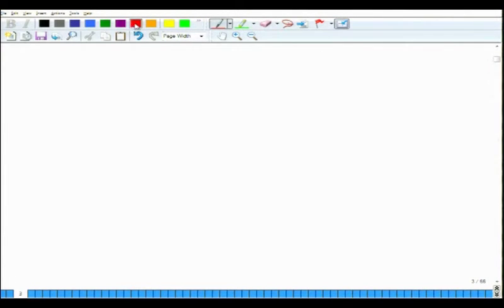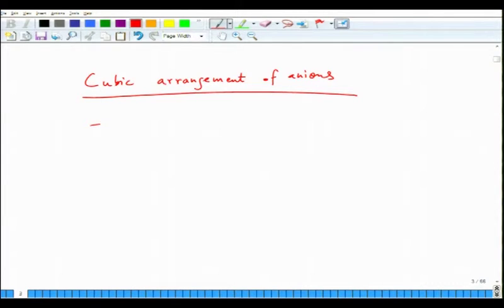So in this category, let's categorize as cubic arrangement of anions. In this we will look at first perovskite structures.